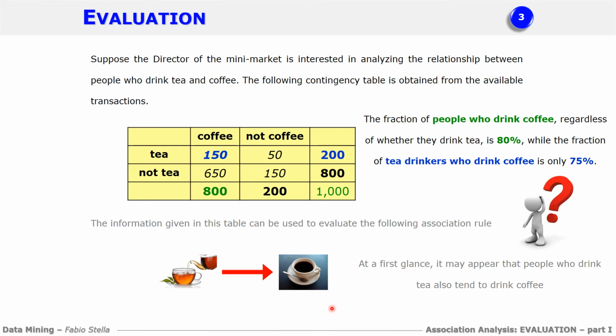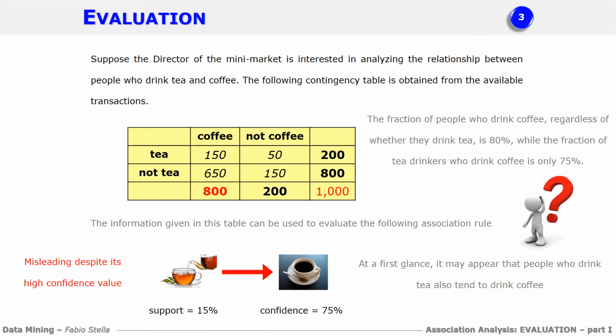So it seems that this association rule is not interesting. Indeed, if we know that a given person is a tea drinker, then the confidence that he or she also drinks coffee is equal to 75%, while regardless of whether the person drinks tea, the probability that he or she drinks coffee is equal to 80%, so it is greater than the confidence of this rule.